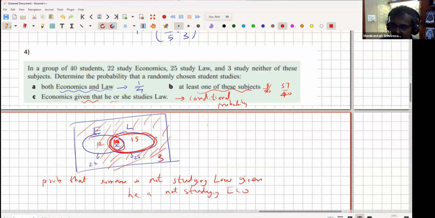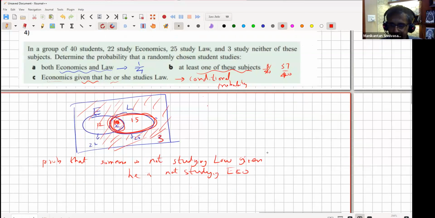Okay, so given is not studying economics, what is the probability that he's not studying law? My handwriting is very, very clumsy, but you guys understand, right? That's good.